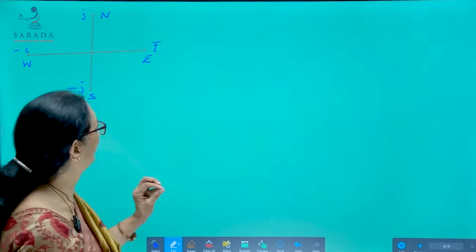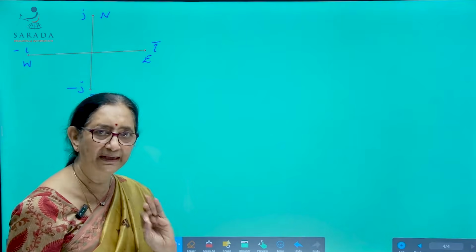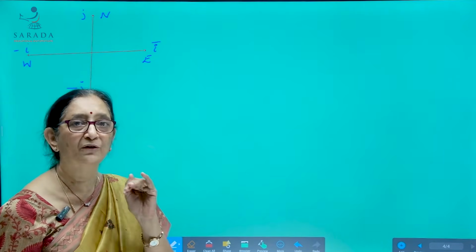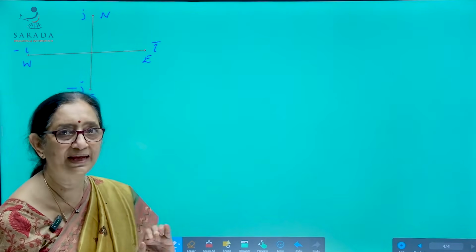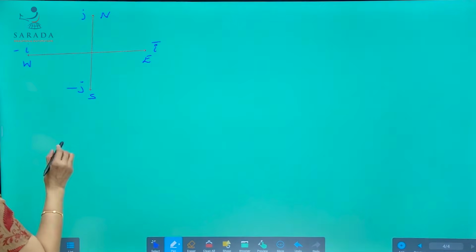Okay, so here I am just giving a problem to find out the final displacement. Here the problem given is like this.